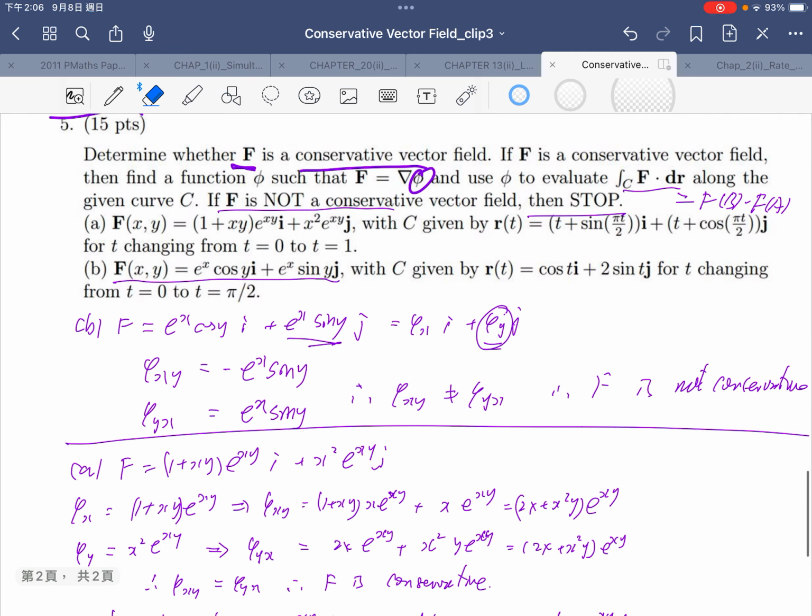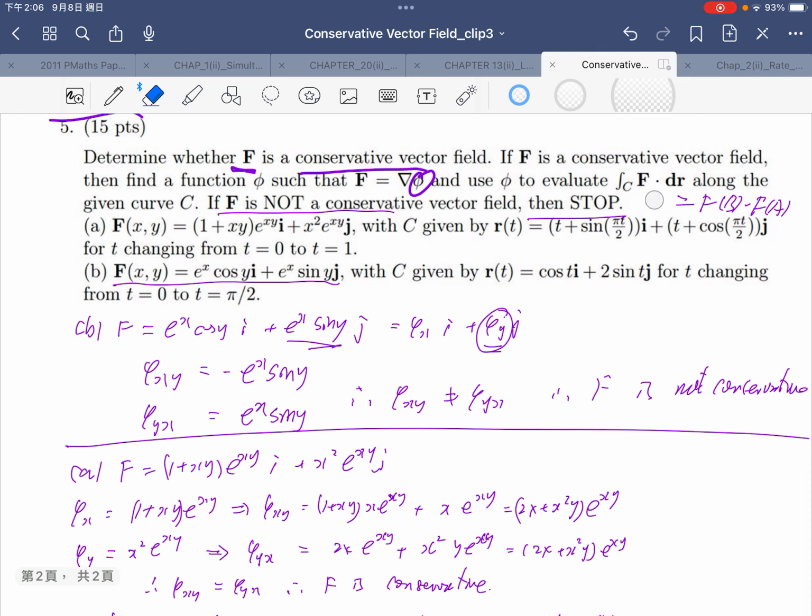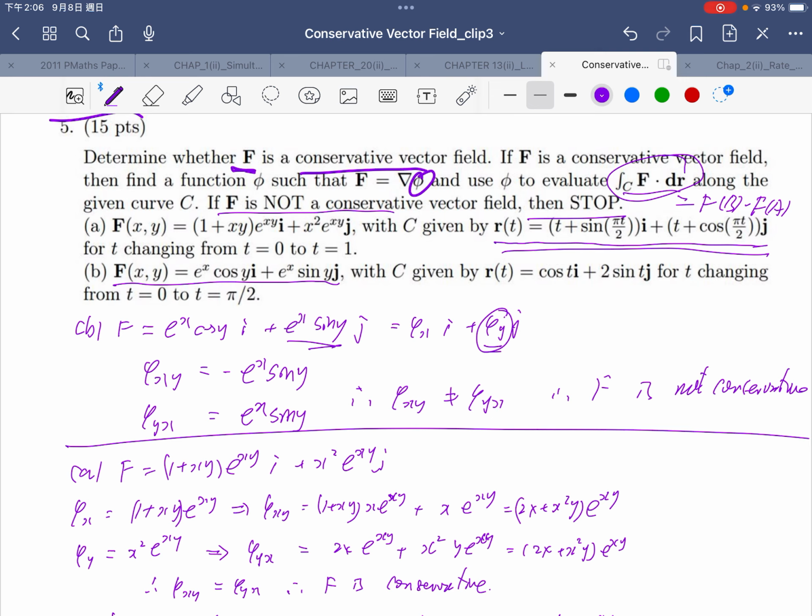Then we go back to the calculation of the line integral. The line integral is along this path, in the time interval 0 to 1.